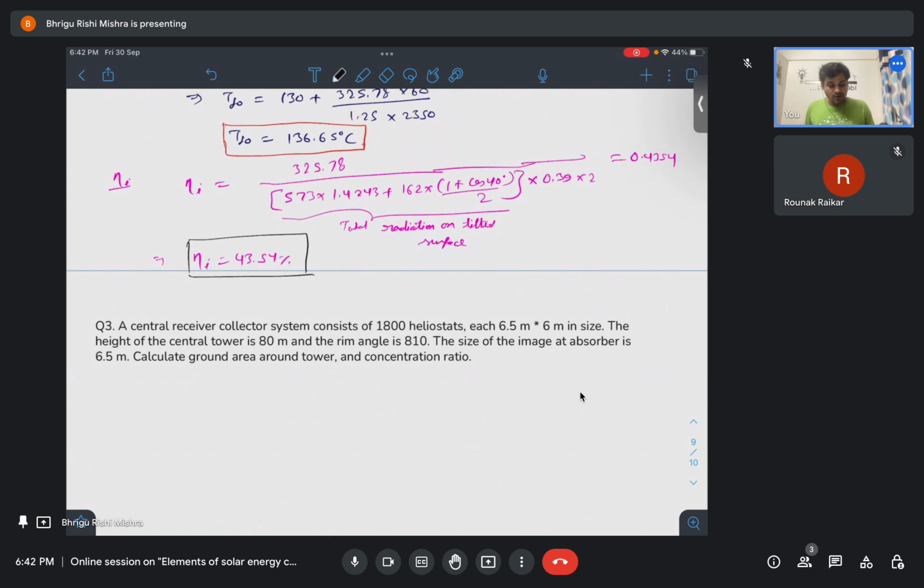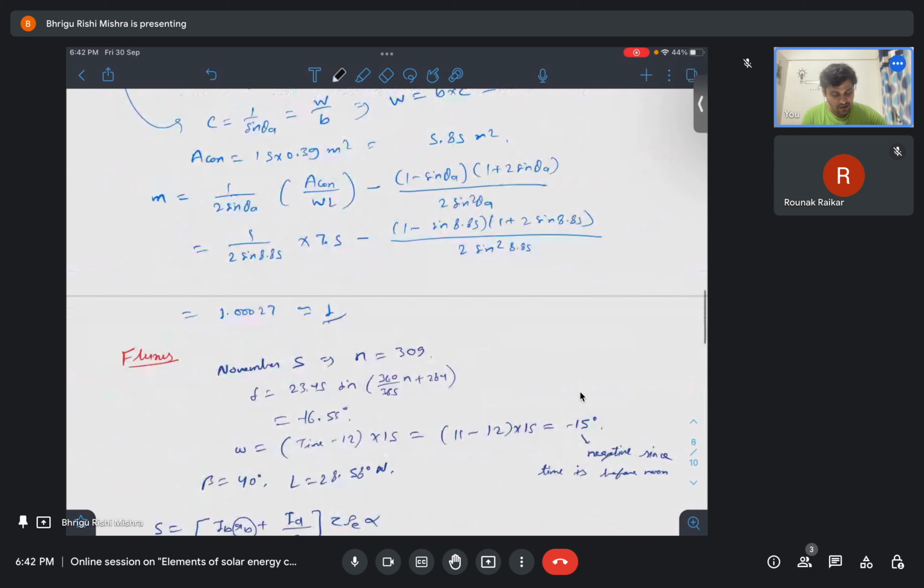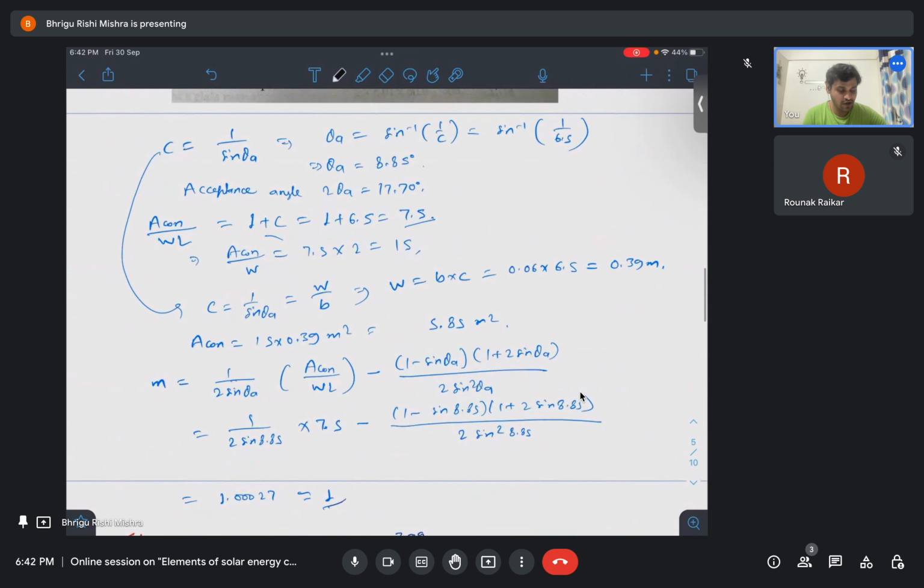Okay, so this question was to calculate the outlet temperature of the fluid circulating in a CPC and the efficiency of the CPC. So we have calculated here. First we calculated the geometries and other factors which were not given.